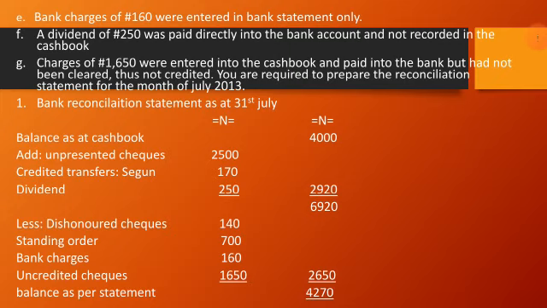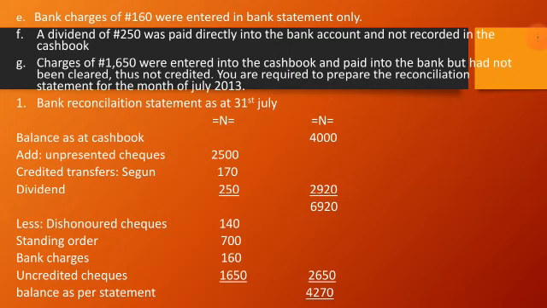Then bank charges are usually charges earned by the bank for rendering service to the firm. So we also less it because such transactions have been entered in the bank statement, but they are not in the cash book. Then uncredited checks are also deducted. So by the time you do this, you have a total of 2,650.